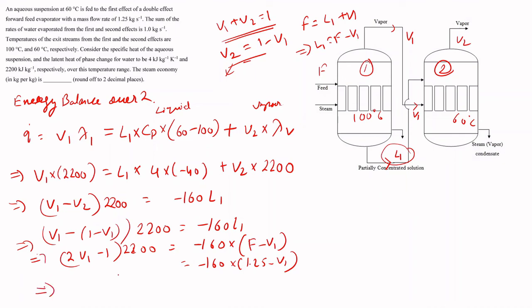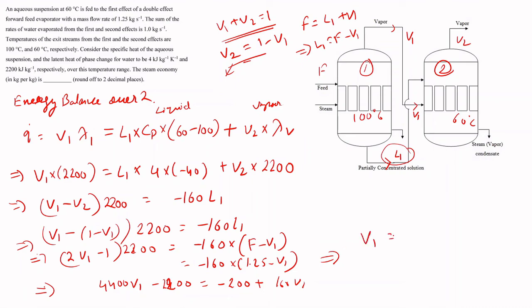So we can write this as 4400 V1 minus 2200 is equal to minus of 200 plus 160 V1. So from here we can solve for V1.